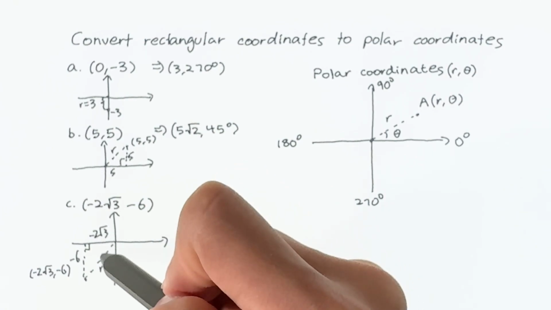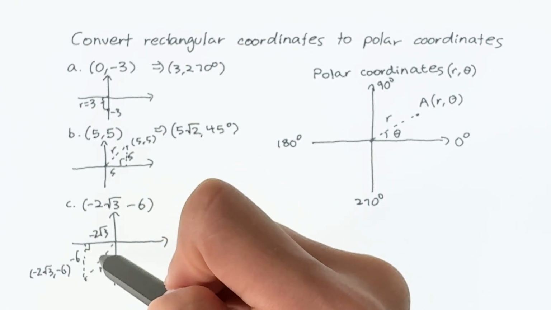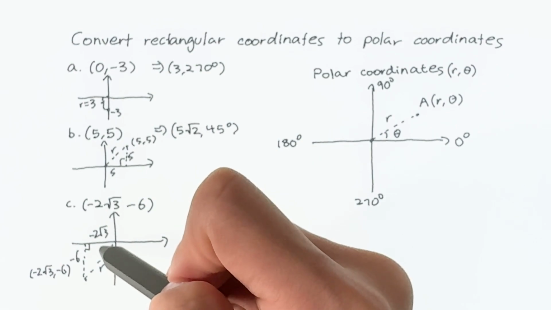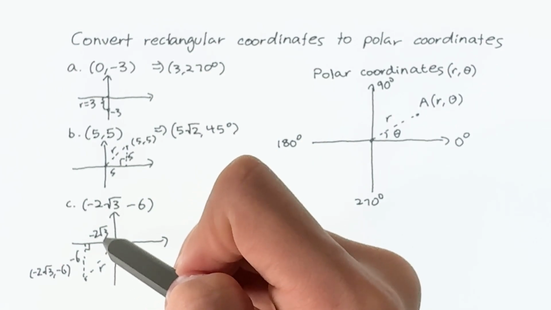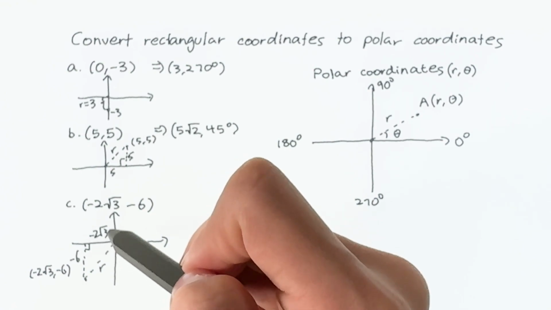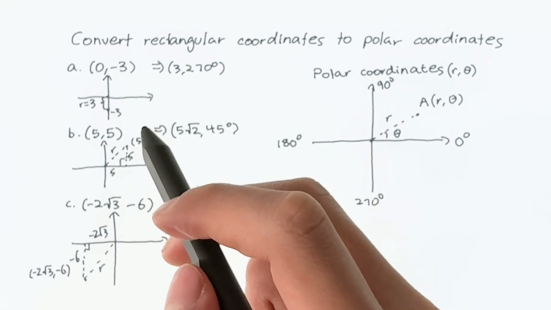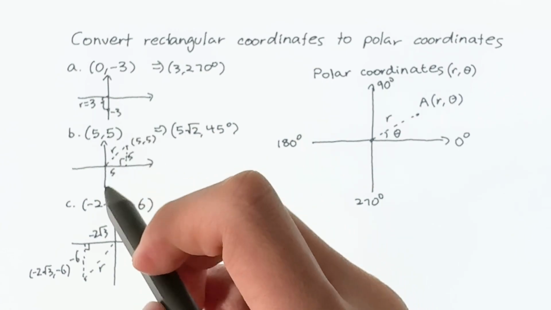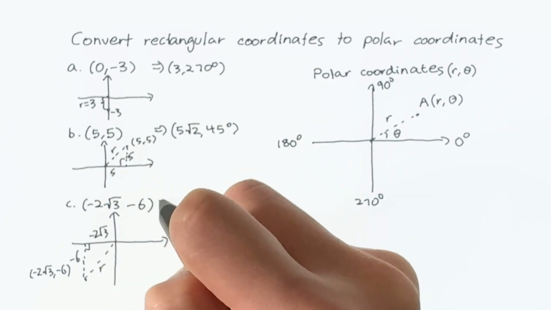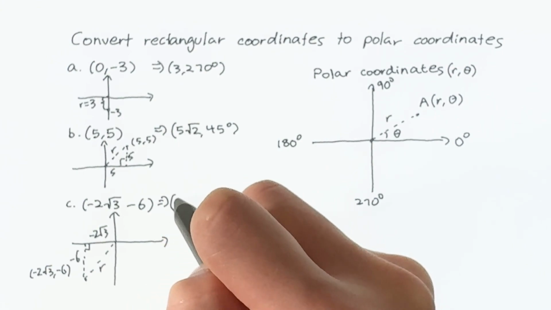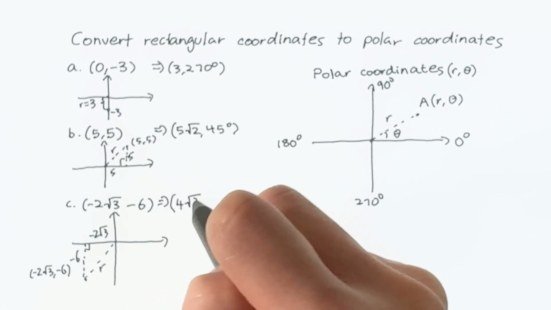So then the final ratio can be used to calculate the length of r. The ratio of the sides in a 30-60-90 right triangle is 1 to √3 to 2. So r will equal 2 times 2√3, so it will equal 4√3.